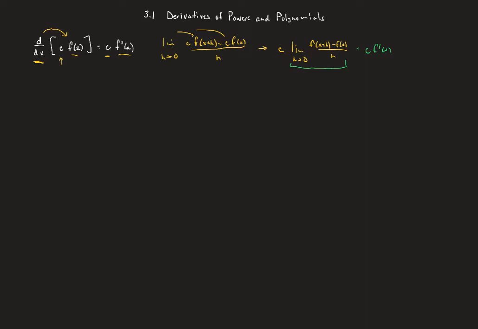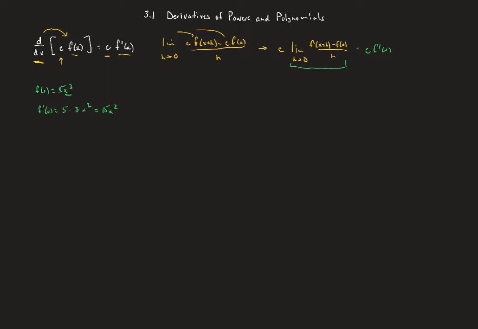So for example, let's see what that looks like in practice. If f of x is 5x to the third, and we want to find f prime of x, that 5 just hangs out. We then differentiate x to the third using our power rule, which is going to be 3 times x to the one smaller power, and so that's just going to be 15x to the second.